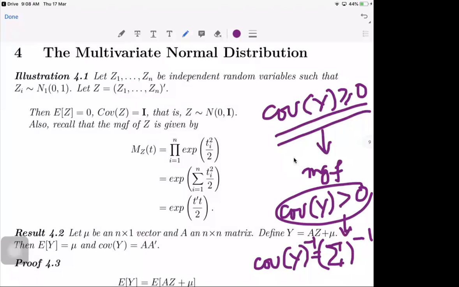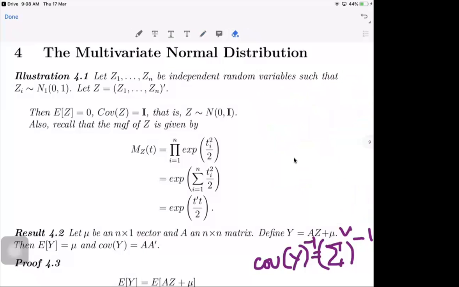For the meantime, if the only assumption that we have is that it's non-negative definite, then we can work on the moment generating function to describe the properties of the distribution of your random variable.